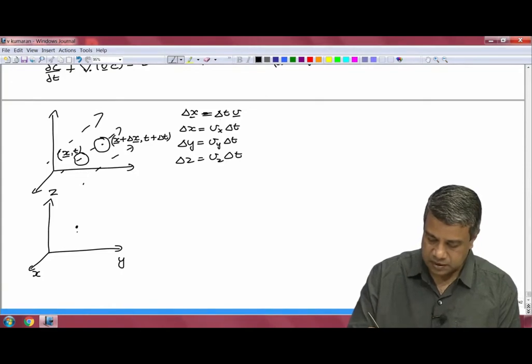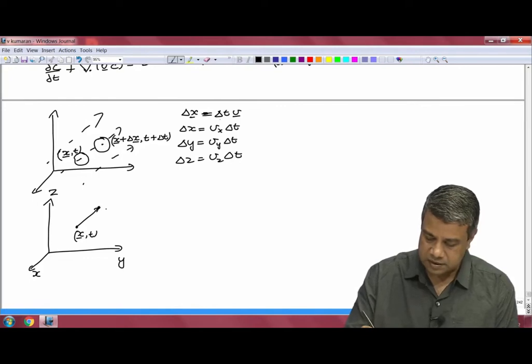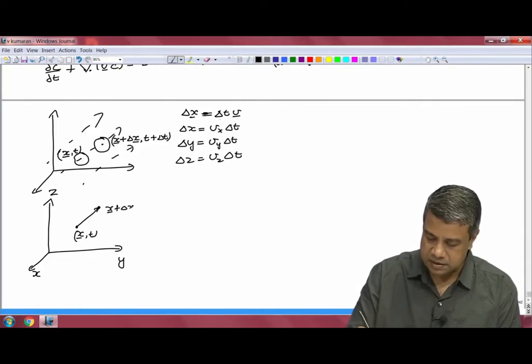So, there is a point at x at time t. It shifts to some other location x plus delta x at time t plus delta t.